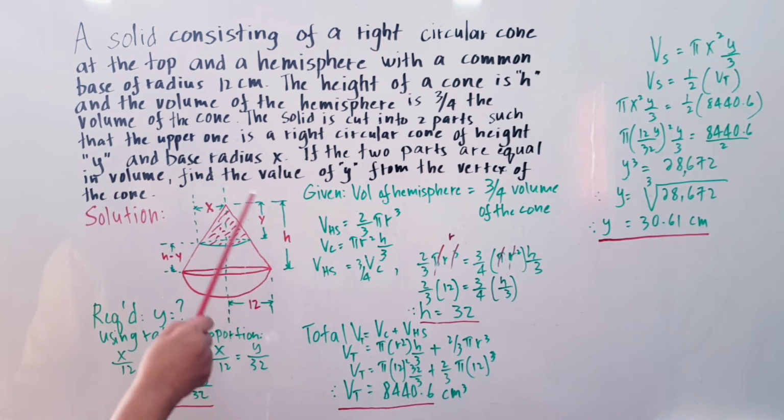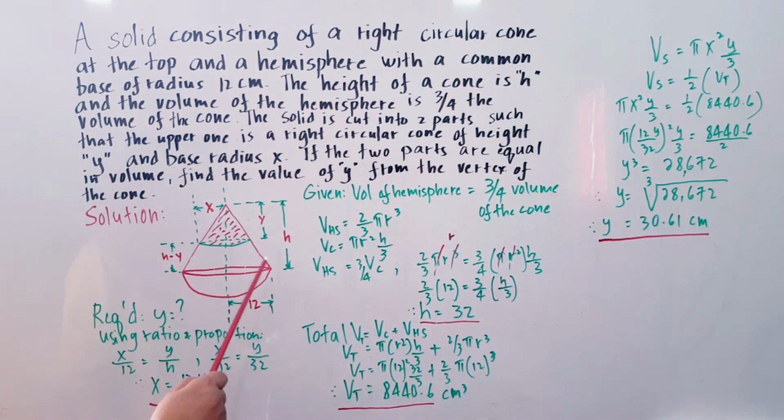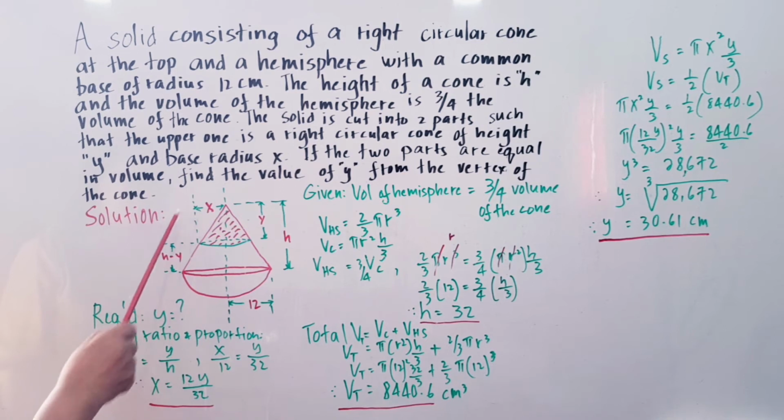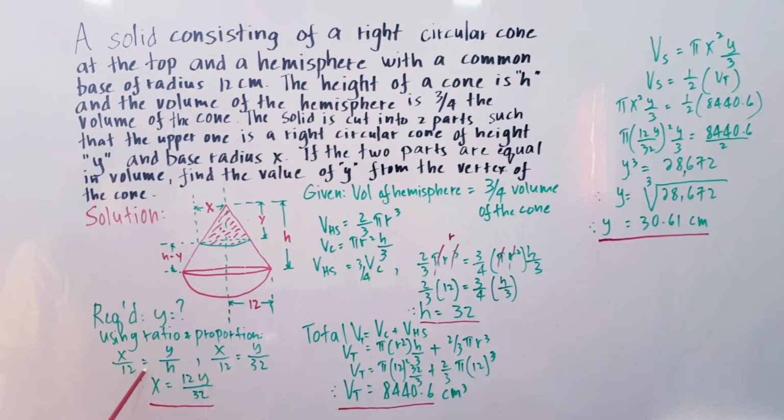The radius of the small cone over the radius of the big cone, which is 12, is equal to the height of the small cone over the height of the big cone, which is h. Therefore, simplifying this one will result to x is equal to 12 over 32 y. So, meron na tayong value ng x.